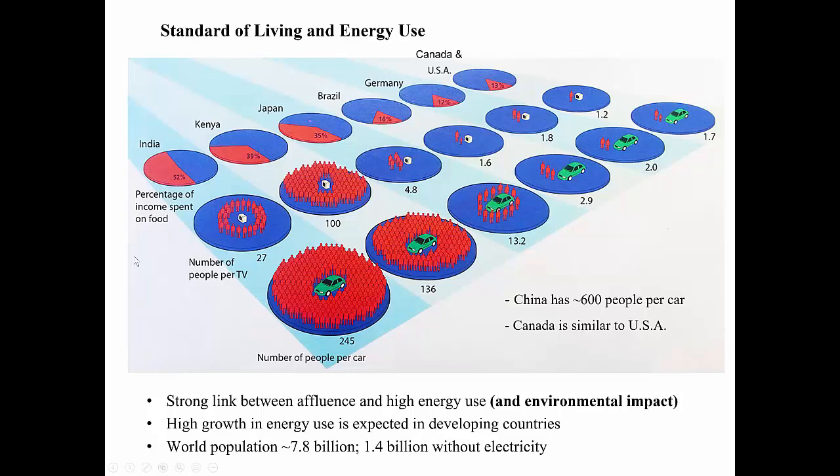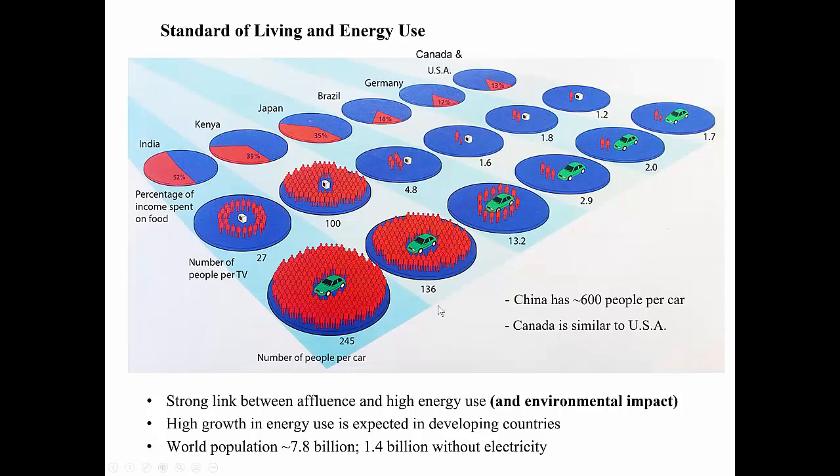Okay, and this is a chart that shows the number of people per car, the number of people per television, and the percentage of income spent on food. So it's a measure of your disposable income for various countries: India, Kenya, Japan, Brazil, Germany, USA. And I've just added Canada here because Canada's energy use patterns and standard of living are very similar to the United States.